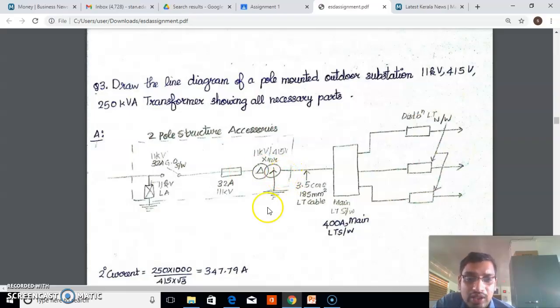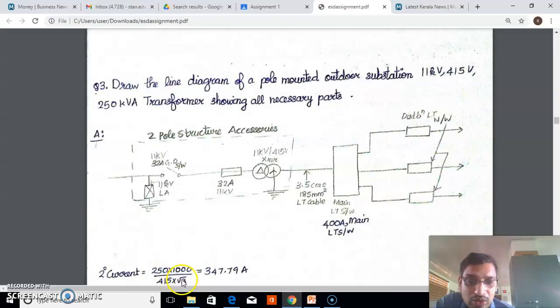The secondary current equals kVA into 1000, which converts kVA into VA, divided by root 3 into the secondary voltage, 415. So we get 250 into 1000 divided by root 3 into 415.